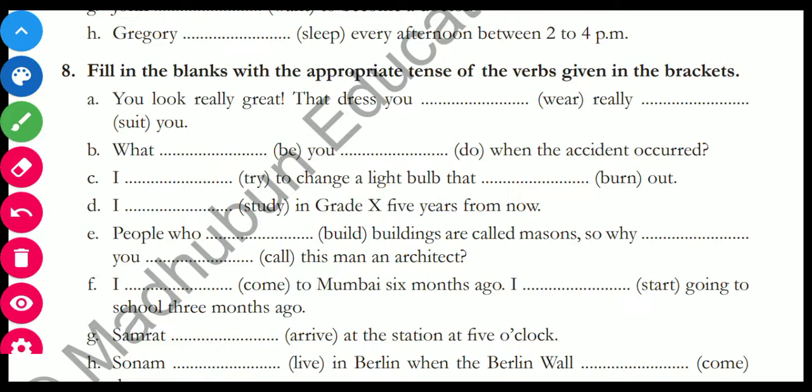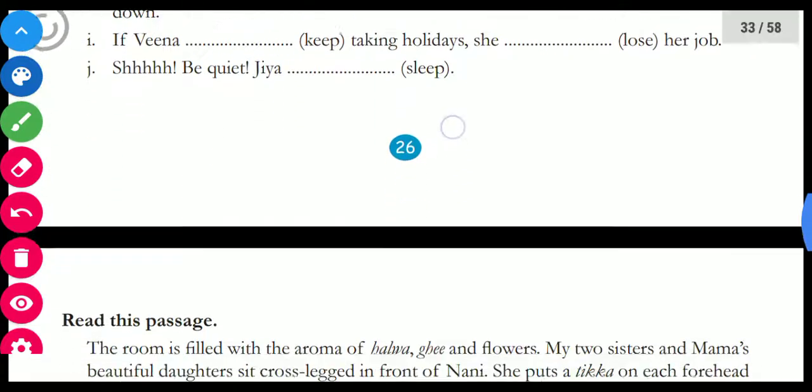So what is the rule applied over here for? The rule applied was for past continuous. उस समय आप क्या कर रहे थे जब ये accident हुआ? Okay, what was the work going on at that time when this happened? So past continuous. Okay, so this is how you have to fill the 8th exercise.